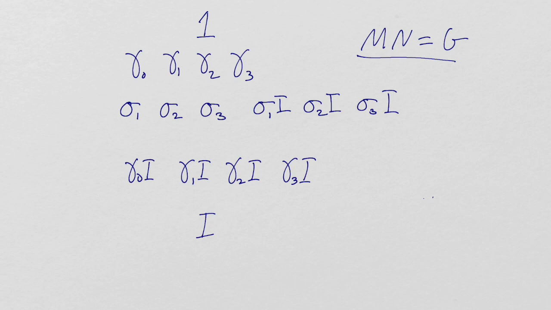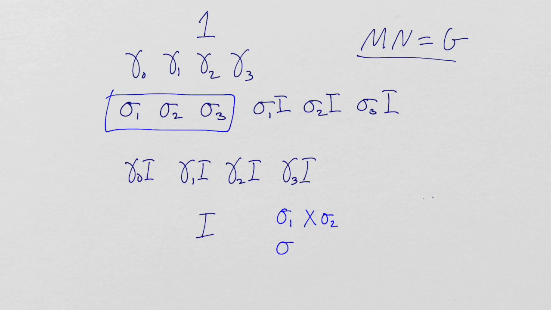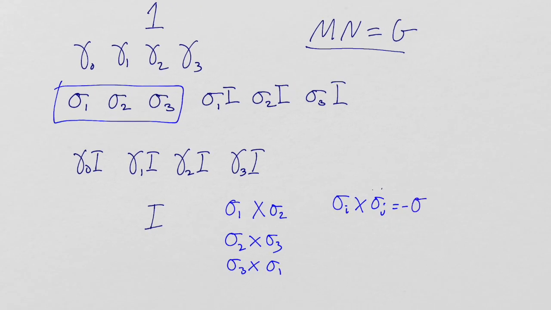bivectors. But more importantly, if you focus on that thing for just these three bivectors, right? If you just take those three and you formulate sigma 1 cross sigma 2 and sigma 2 cross sigma 3 and sigma 3 cross sigma 1. And then you understand, of course, that sigma i cross sigma j equals minus sigma j cross sigma i, which is evident from the commutator part of the definition.